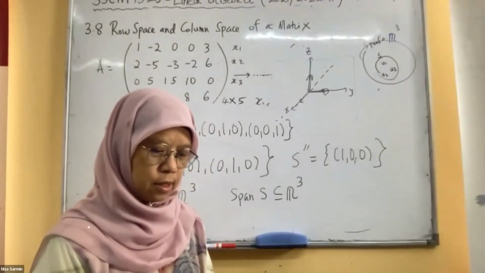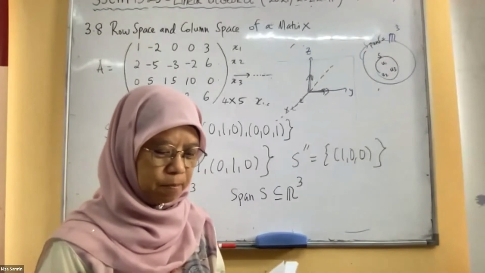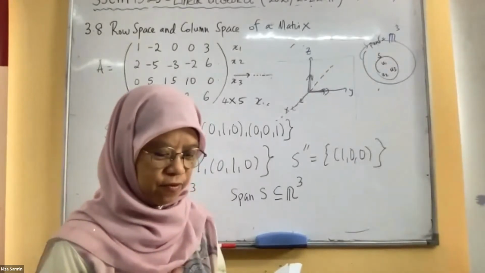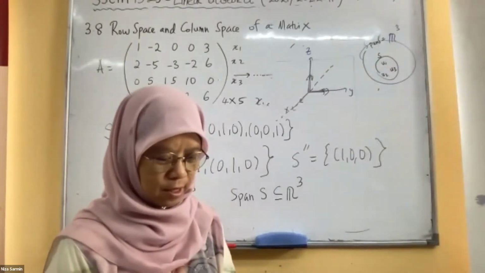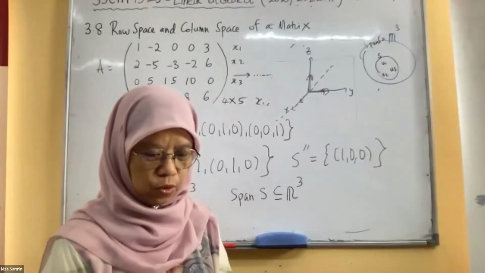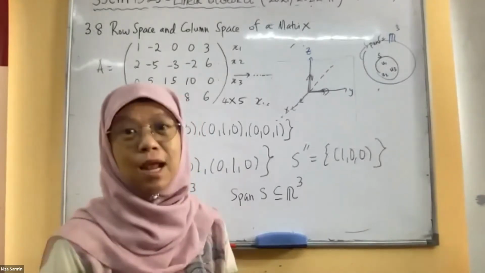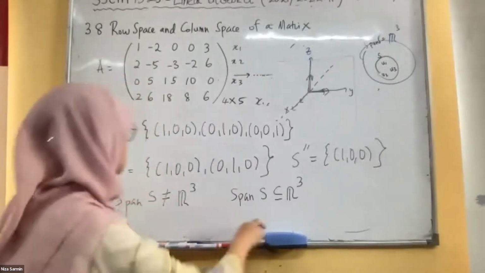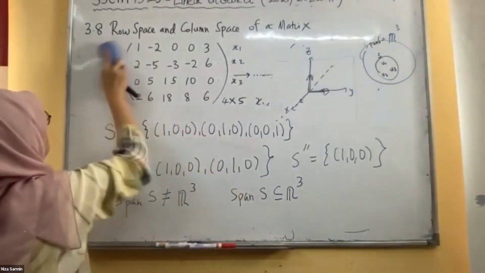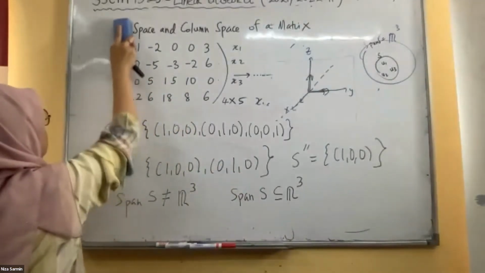Okay, there's one little part. Before we go to orthogonal and orthonormal, there's the null space of a matrix.